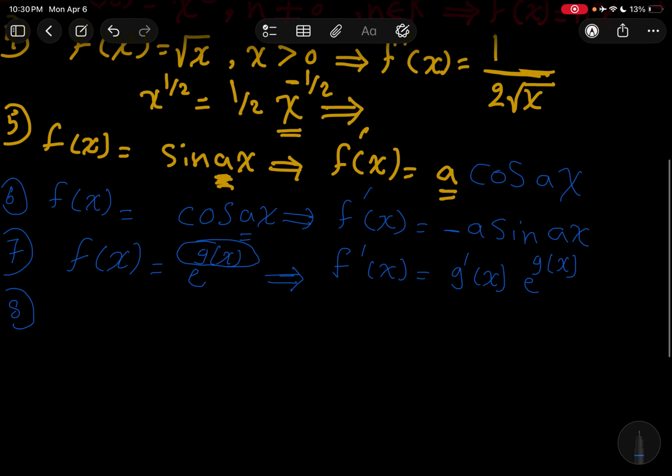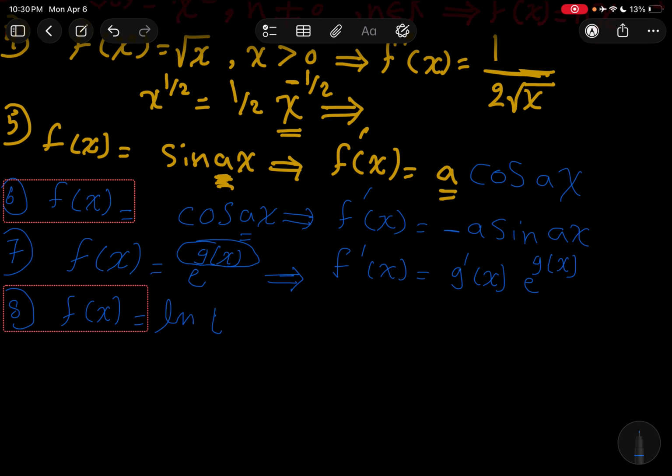Eighth, we have f of x equal ln of g of x, and g of x is greater than 0, of course.